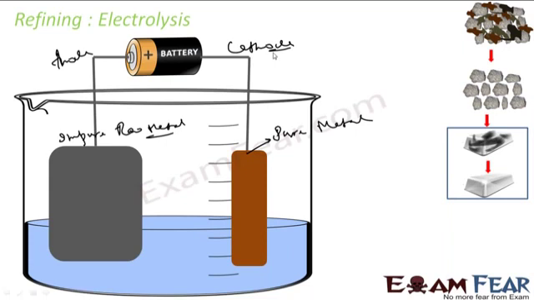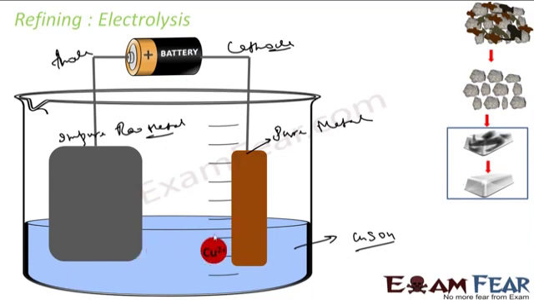It is put in a suitable electrolytic bath that has a soluble salt of the same metal. For example, for copper it will have copper sulfate, and for zinc, zinc sulfate. So for example, I'm doing purification of copper now. This is my impure copper.